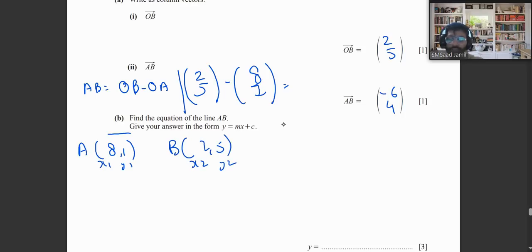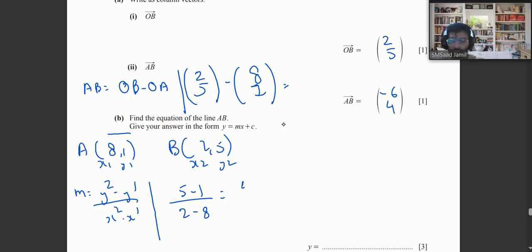Now we will apply the formula of gradient. m is equal to y2 minus y1 upon x2 minus x1. So 5 minus 1 upon 2 minus 8. 5 minus 1 is 4, 2 minus 8 is negative 6.